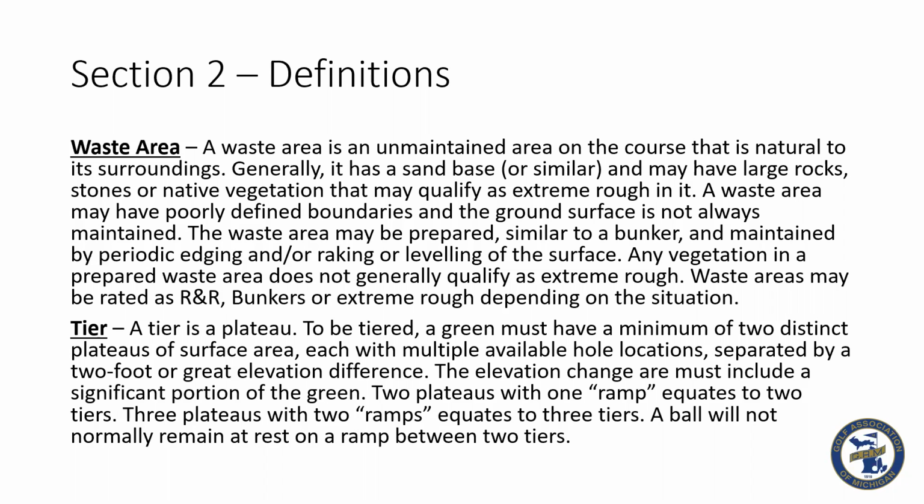Basically, in order for a green to be tiered, a green must have a minimum of 2 distinct plateaus of surface area, each with multiple available hole locations. So that picture from last week, where that one little shelf had one hole location, doesn't apply as a tier because there's only one hole location up there and it doesn't get used frequently enough for us to qualify that.